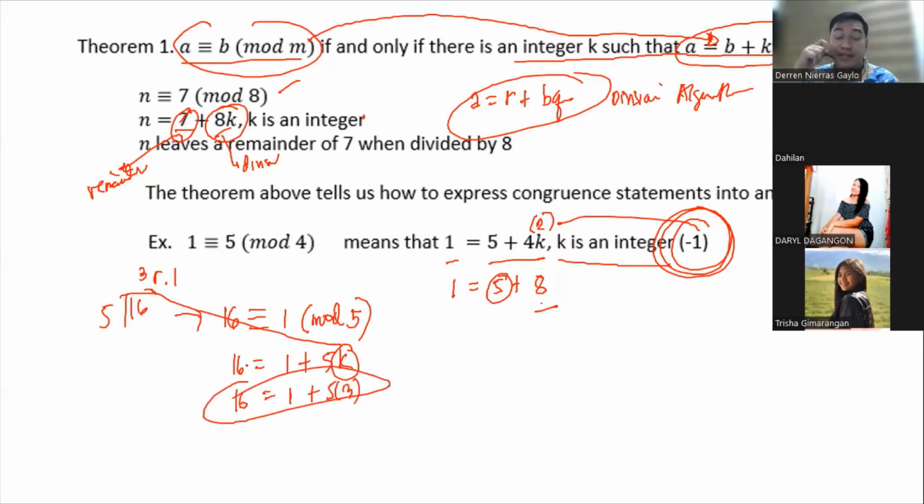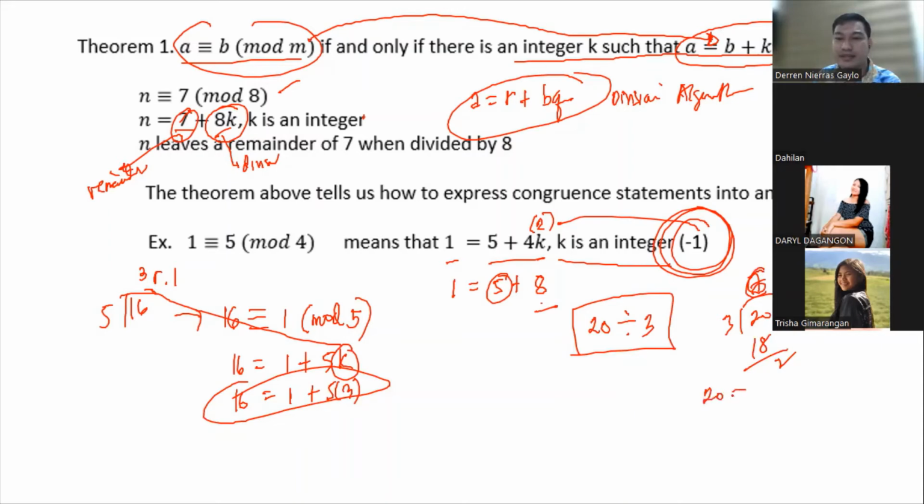For example, you have 20 divided by 3. So if you will write it as a modulo, you can just divide 20 divided by 3. I think that is 7, 6, 12, 18. So the remainder is 2, right? So you can just write it as 20 is congruent to 2, the remainder, modulo, what is the divisor? 3.